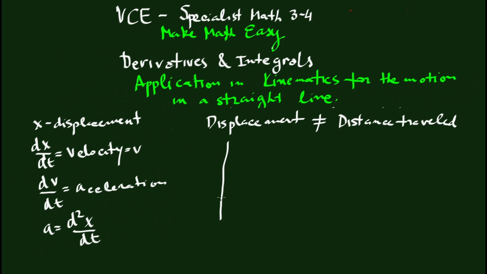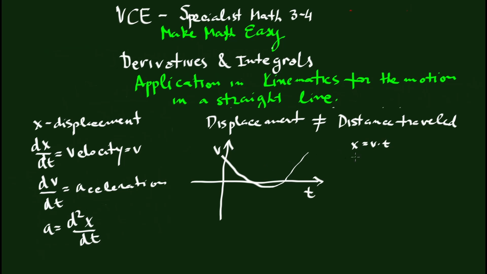So if we have a graph like that, of velocity, and for example you have a function like that, you know that x equals v times t.